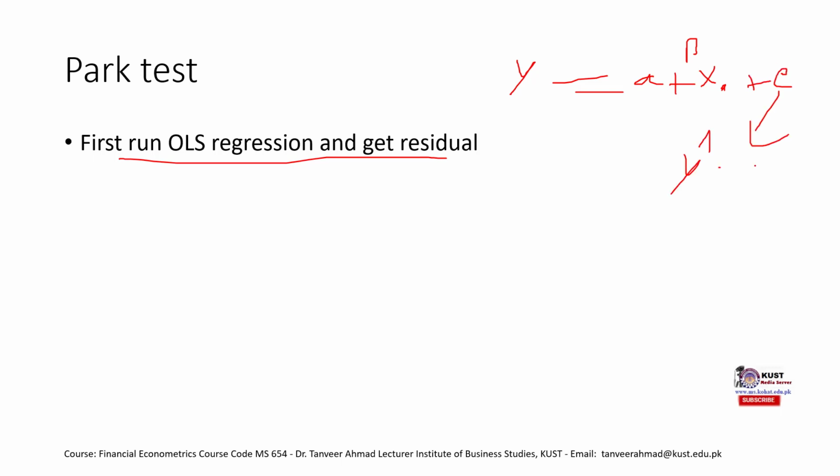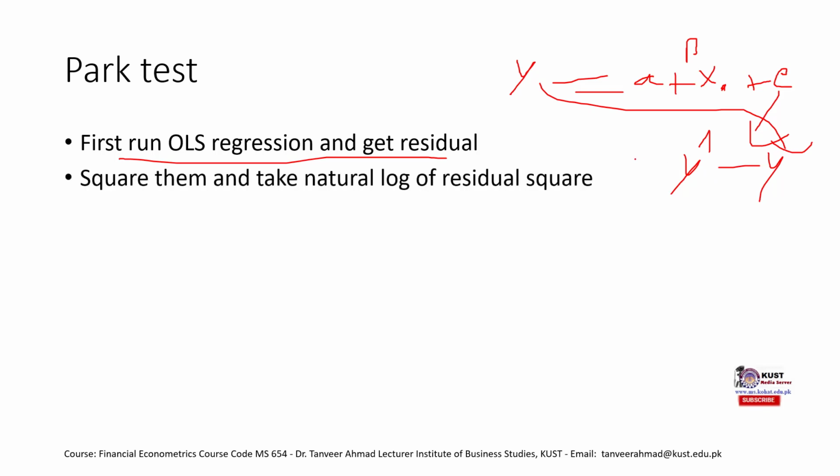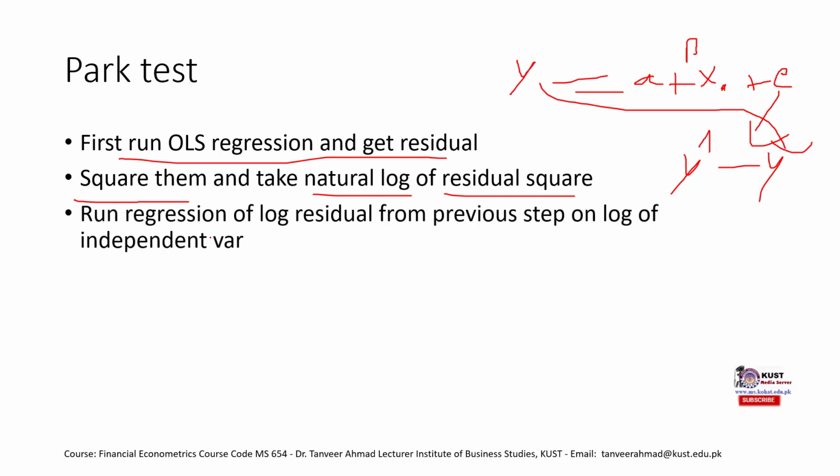The observed value minus the estimated value. Once we have the residual, we take the square of those residuals and then take the natural log of this squared residual. Then what we do is we run the regression of the log residual, which we got from the previous step, on the log of the independent variable.